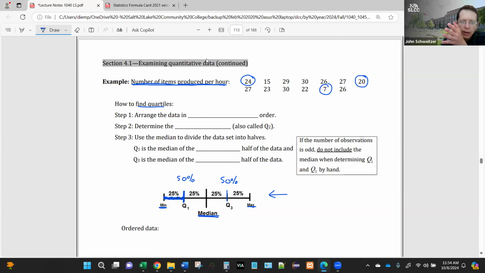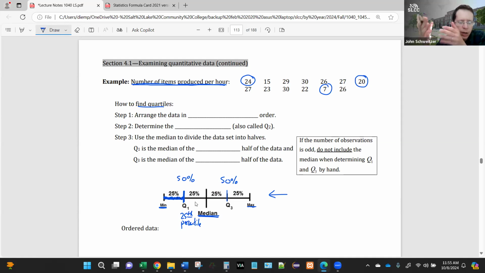We call that a quarter, and since it's the first or lowest quarter, we call it the first quartile. To make that faster and easier to write, we just call it Q1. It's equivalent to the 25th percentile. They're one and the same thing, but Q1, first quartile, is just a little bit easier to use.